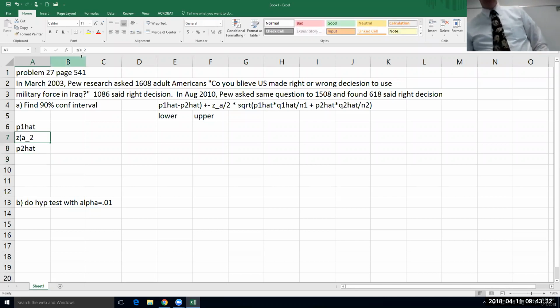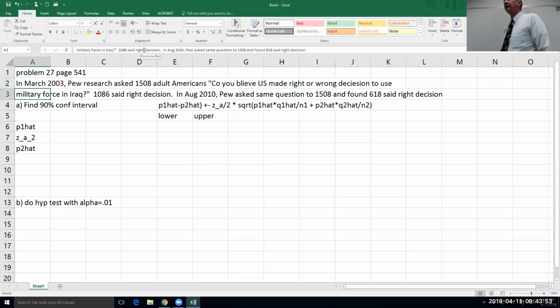They're not the same, they're 100 people off. You're at 1608 and 1508. Oh, they should both be 1508. I typed it wrong. Okay, now they're the same.